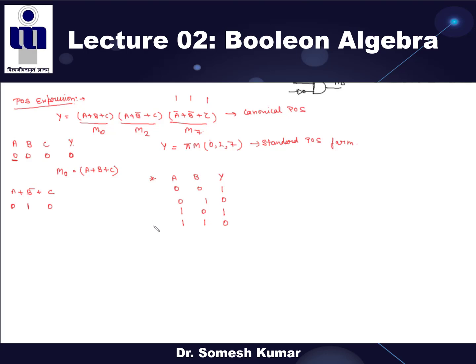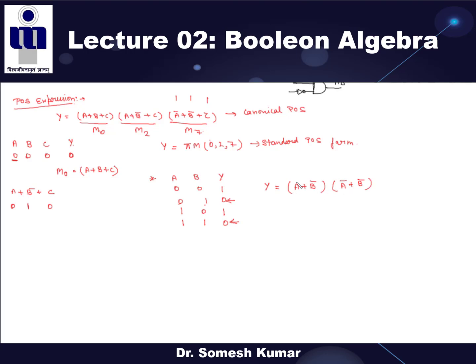Can you write the canonical POS form of this expression? Now you know the POS expression is used for the output 0. So what is the canonical form? Here A is 0 and B is 1, so A plus B bar. Next is A bar plus B bar.